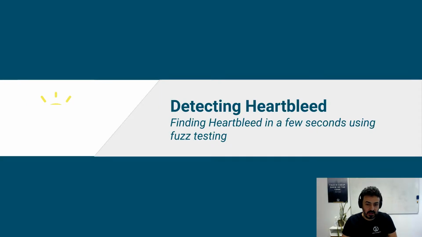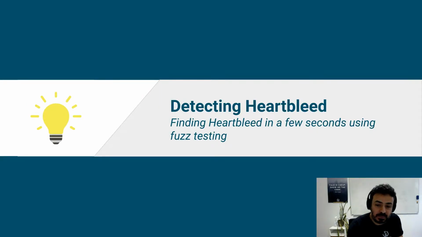But obviously, we mentioned previously Heartbleed, which is one of the most critical bugs, caused by an out of bound memory access bug. It's nice to see that the fuzz test worked with a small example.